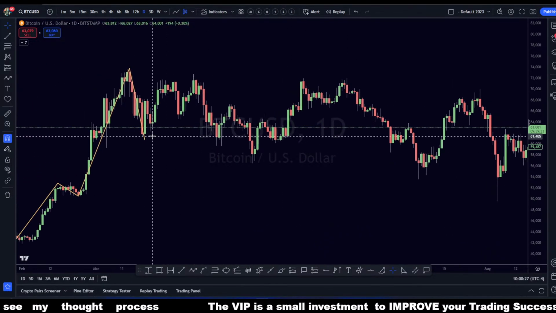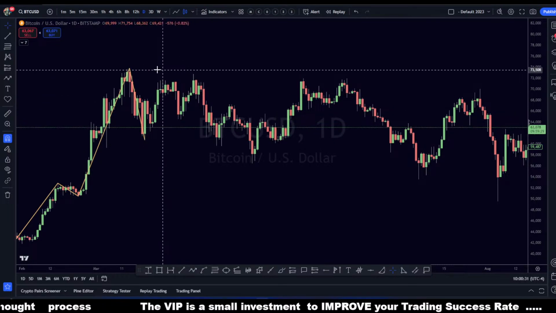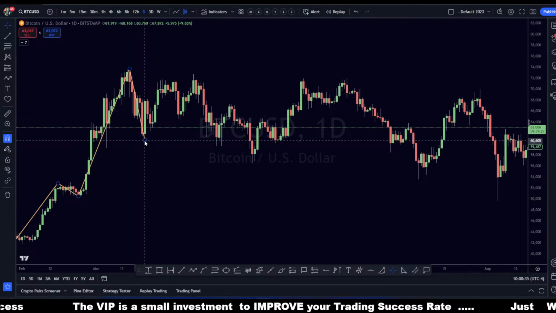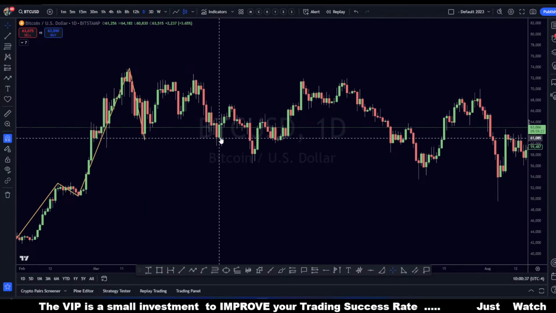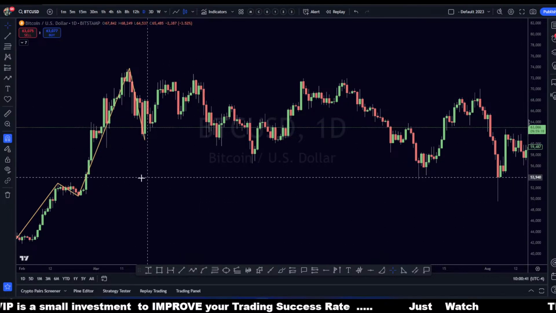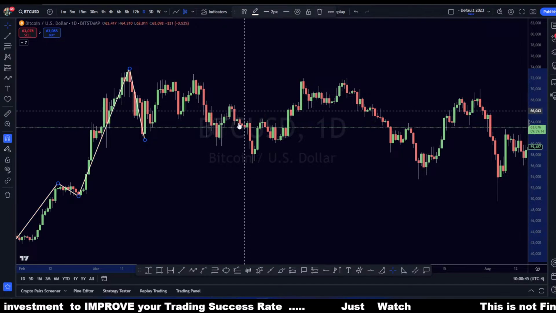What I need to do is the next line, but the next line has to be above this one or below this one. If not, it's considered internal structure. So all these little ups and downs. With that being said, let's go ahead and put this to our daily color.